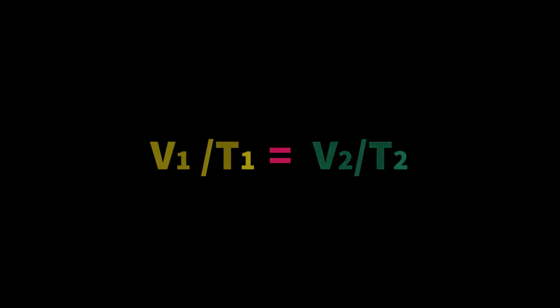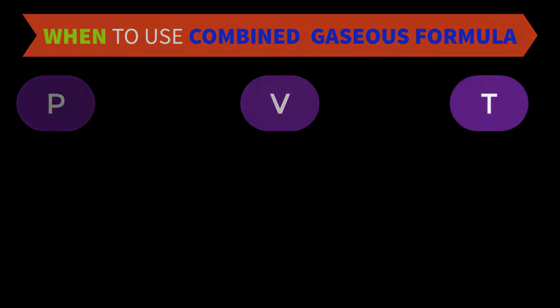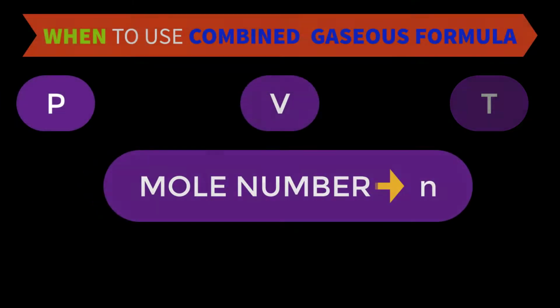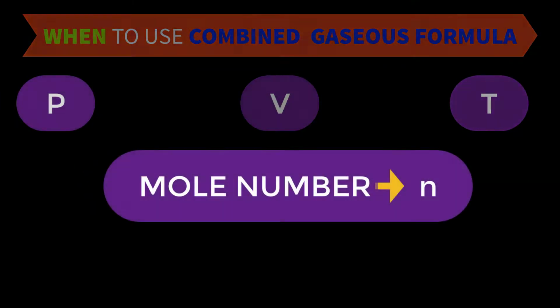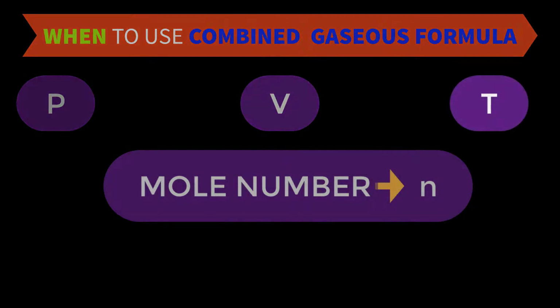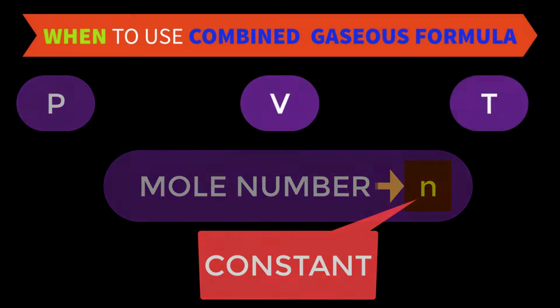Now we will learn when to use combined gas formula. All the 4 variables are needed for this formula. P, V and T will be in changing state, but mole number will be in fixed state. That means mole number is constant for this formula.